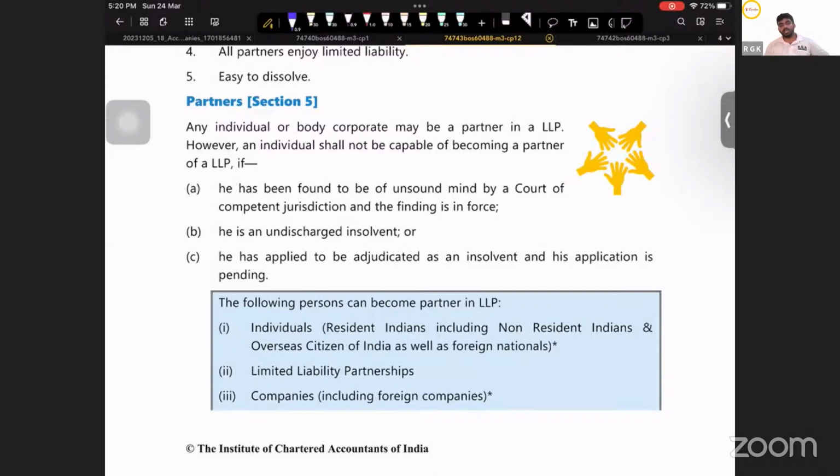If the person is an undischarged insolvent, that is, he has been declared insolvent by the court and his insolvency has not come to an end, then also the person is not capable of being appointed as partner. Further, if he has applied to be adjudicated as an insolvent and his application is pending, then also the person is not capable of becoming a partner in LLP. These are the persons who are not capable of becoming a partner in LLP.